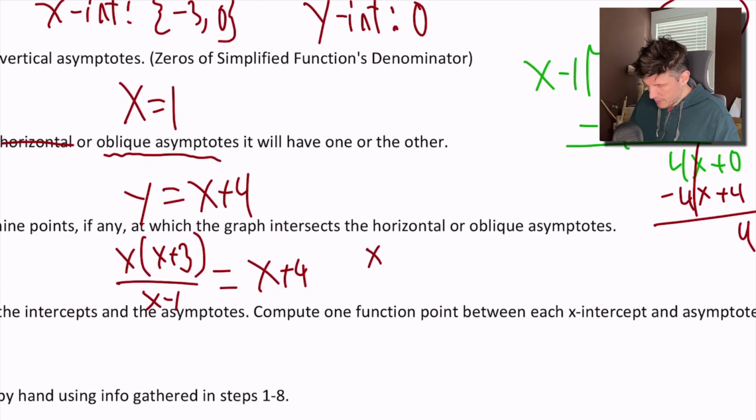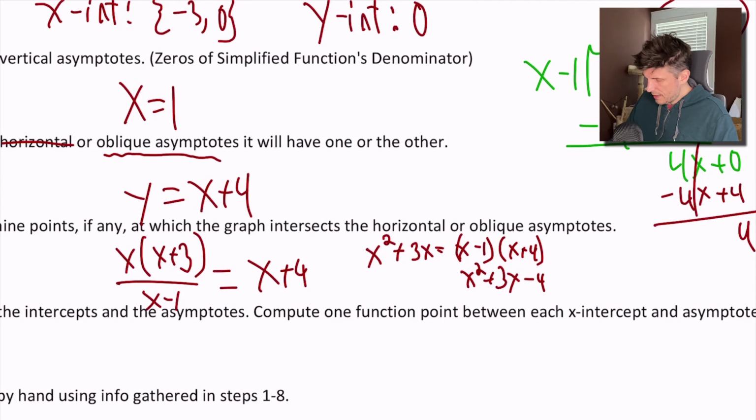So I have, and I'm going to expand the left side. So I have x squared plus 3x equals, then x minus 1 times x plus 4, x squared. I'm going to expand the right side, x squared. So it's going to be plus 4x, it's going to be minus x, which gives plus 3x, and it's going to be minus 4, equals x squared plus 3x.